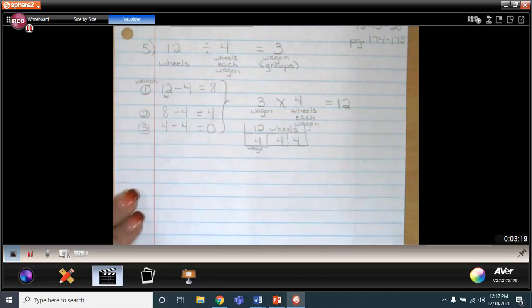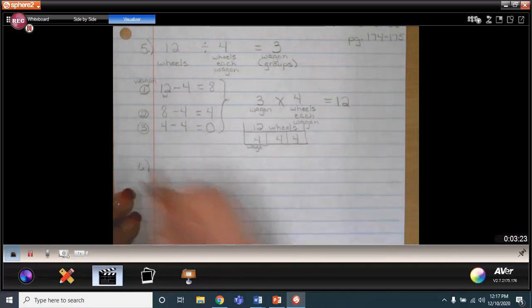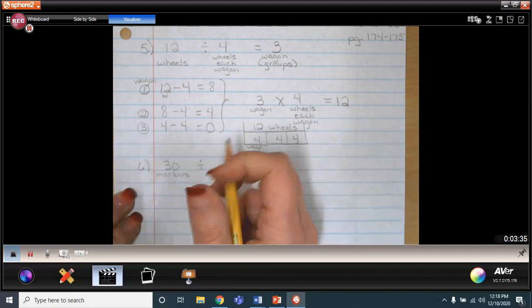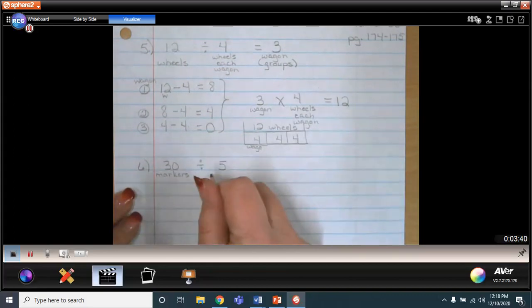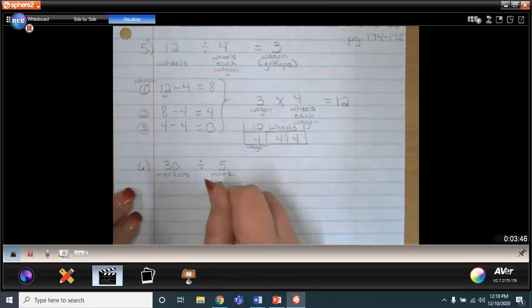So that's number 5. Number 6. We have 30 markers. These are my markers. We're going to take those markers, and we're going to put 5 markers in each package. So 5 markers, and I'm just going to abbreviate that, each pack.